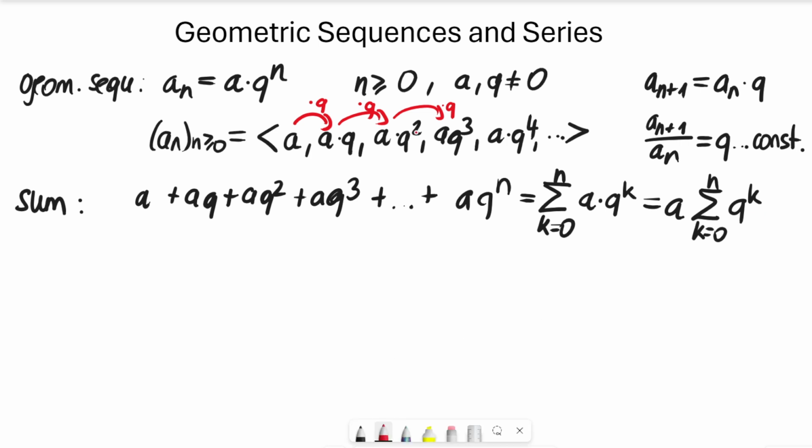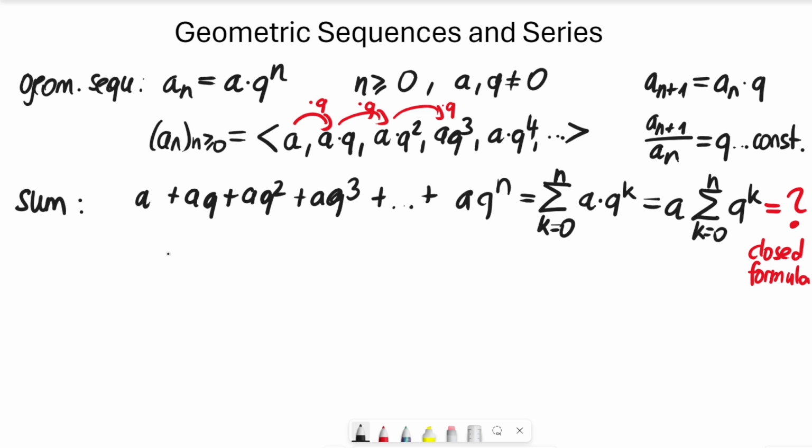So the main question here is: is there a closed formula for this summation? Or do we really have to sum up all these terms? And the answer is yes, which can be easily derived, as you see in the following.